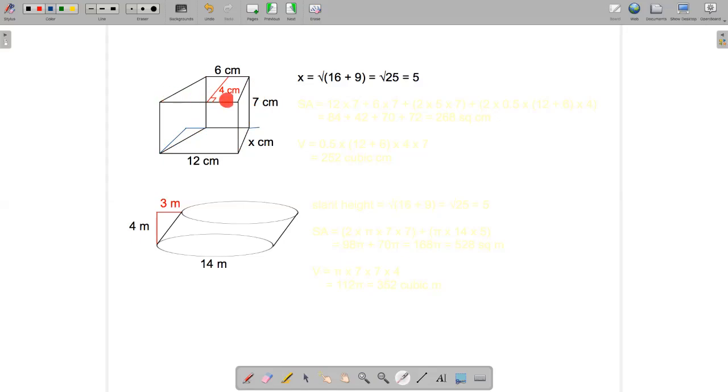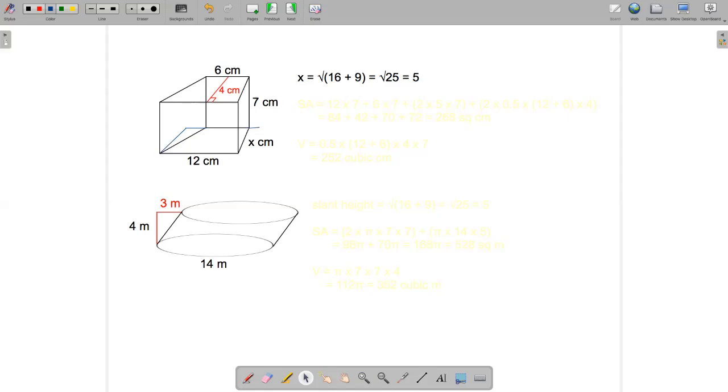Oh, the top trapezoid and the bottom trapezoid. Those are both the same. The area of a trapezoid is half of 12 plus 6 times the perpendicular distance between the two parallel sides, which is 4 centimeters.